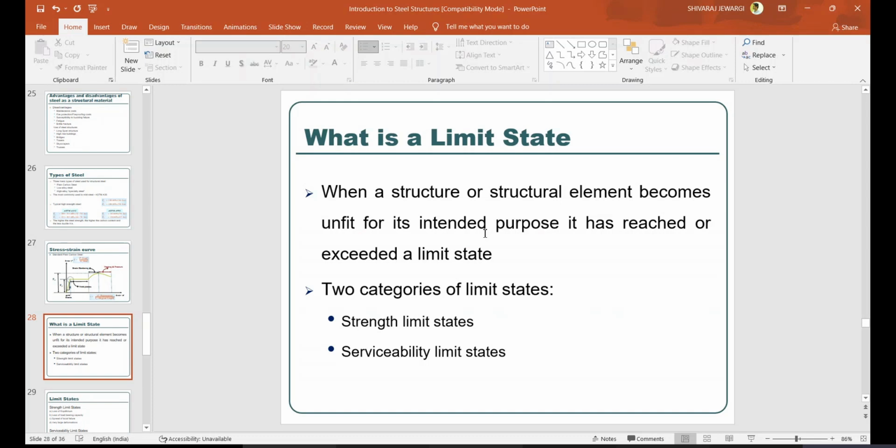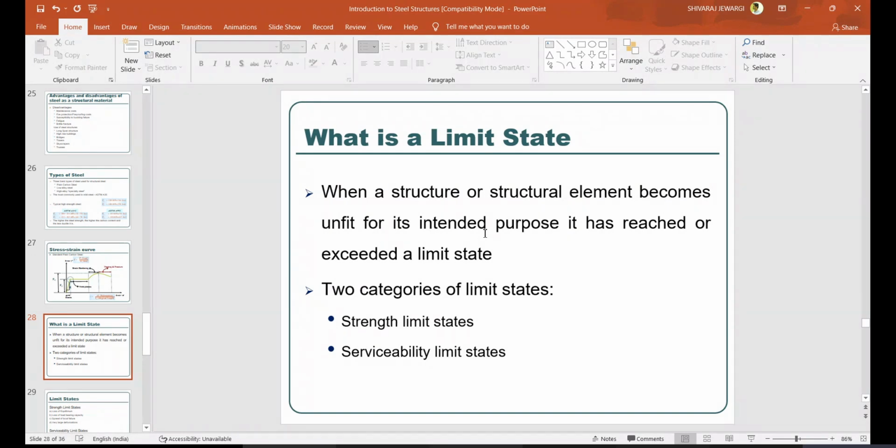Because of the drawbacks of these two methods, the limit state method was developed, a combination of both strength and serviceability. When any structure or structural element becomes unfit for its intended purpose, it has reached or exceeded a limit state. This is the definition of a limit state.